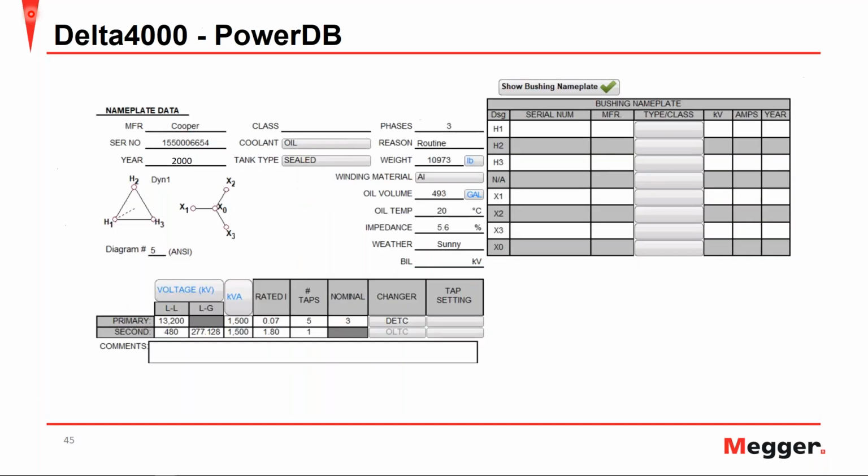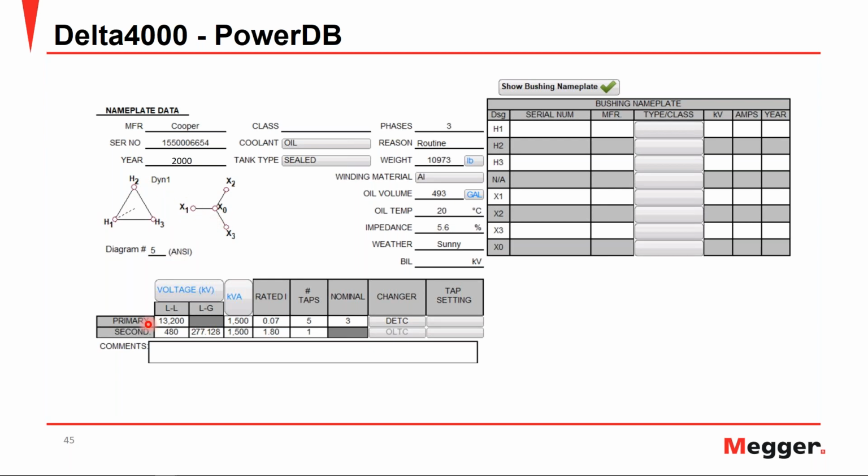Now, let's look into the power factor or the Delta 4000 software. The Delta 4000 utilizes PowerDB as its software. You can see here, when opening the software, that you have the input of your nameplate data, which is necessary, for instance, your vector diagram to determine what vector diagram or configuration your transformer is in.